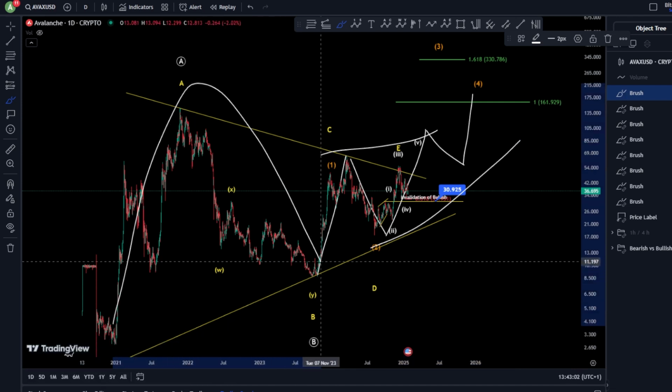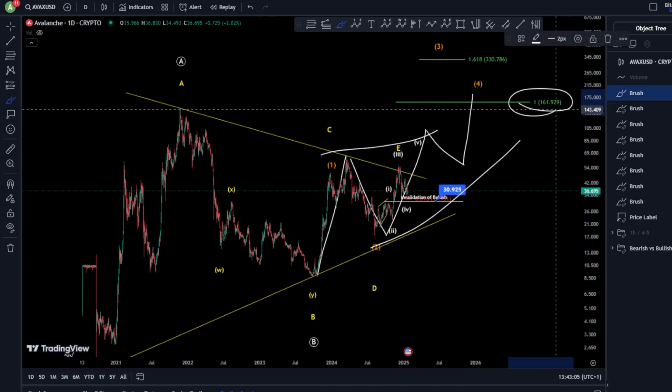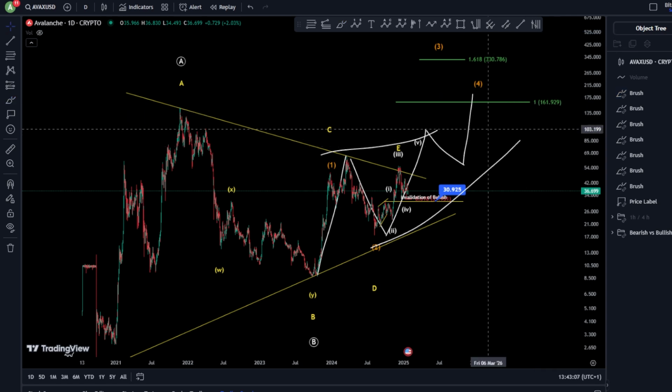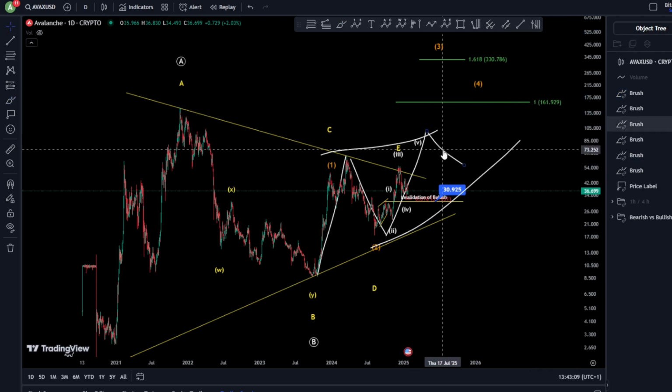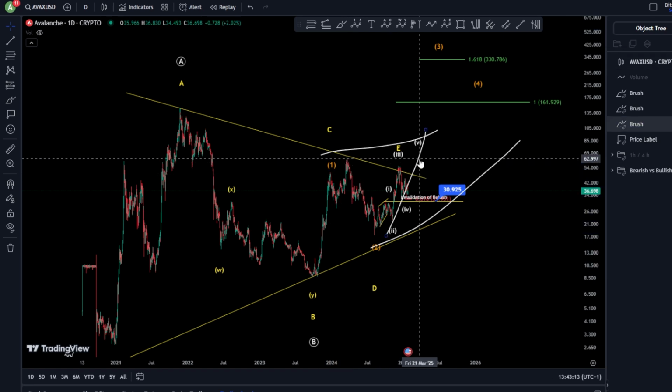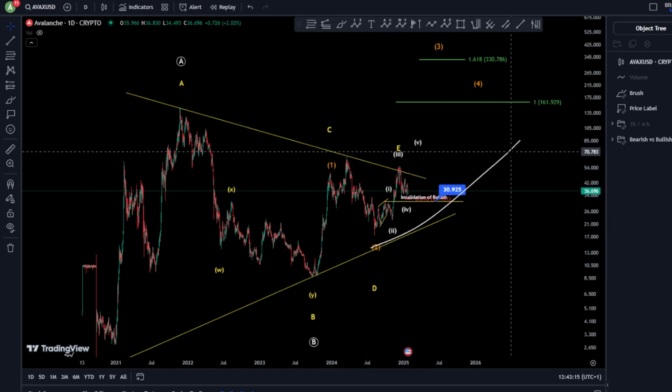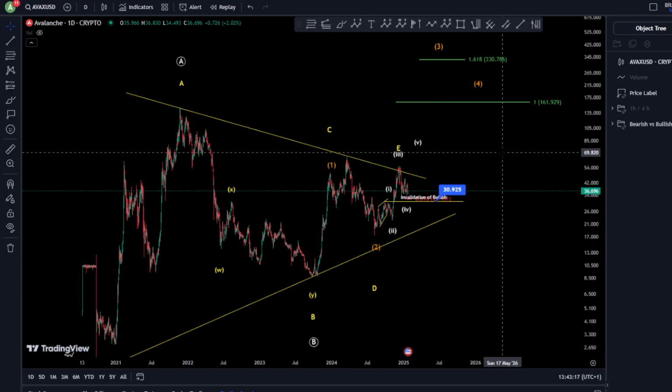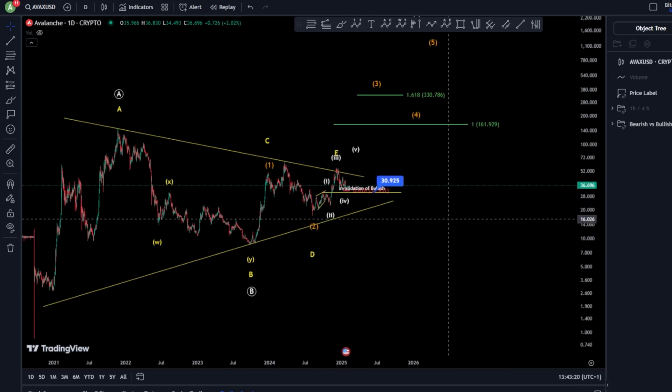For an A, a B, and a C hitting the 1-to-1 fib level at 161 for a target as a wave C, and finishing this bull run actually, probably. So finishing as contracting diagonal, guys, is a very short bull run, I would say.